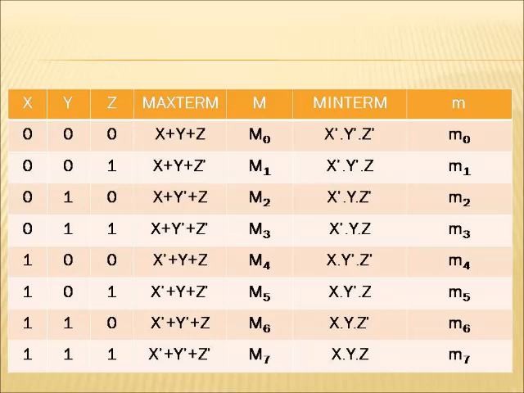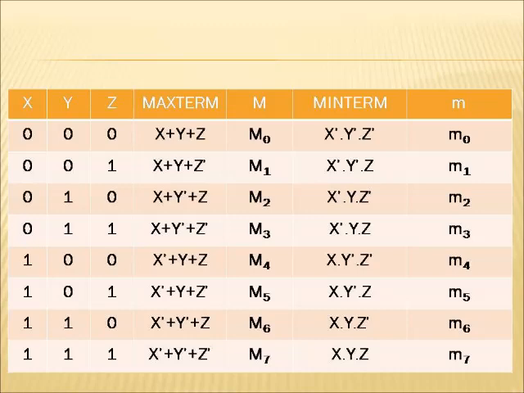When we say 0 0 0, it is the binary representation of 0. So uppercase M0 means it is a max term, lowercase m0 means it is a min term. You can see the notations I am using with the uppercase and lowercase m's.